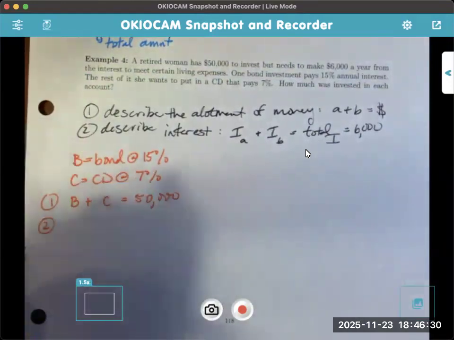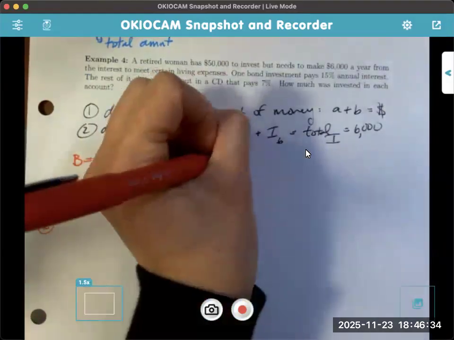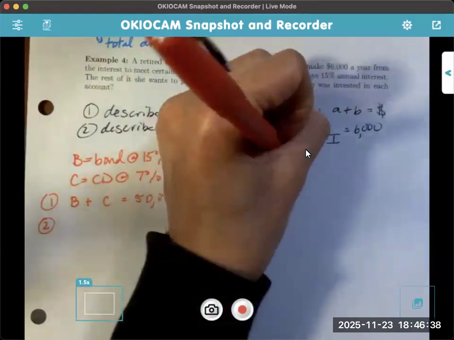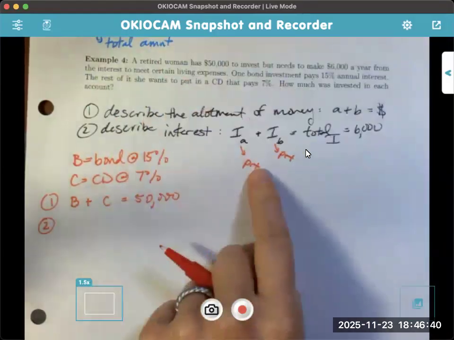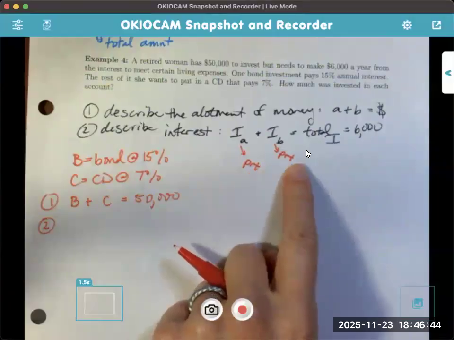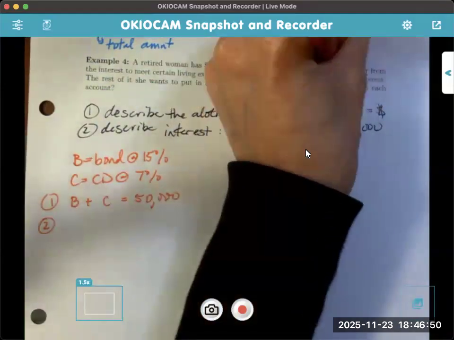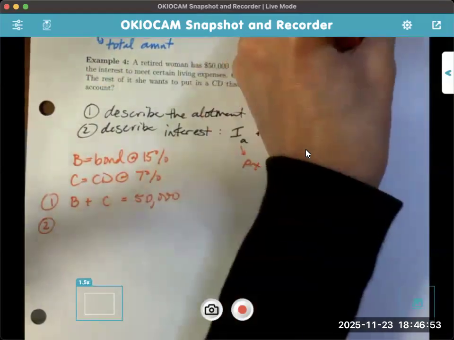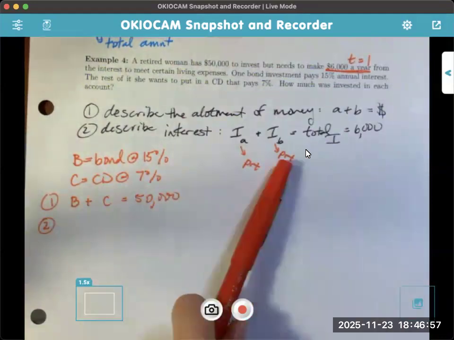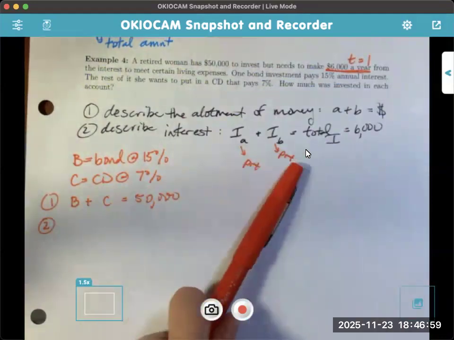Equation two, we are using my I sub A. Again, this is PRT, this is PRT, respectively for the bond and for the certificate of deposit. Since I need to make 6,000 a year, that tells me that time T is 1. So it's even one less variable we have to think about.